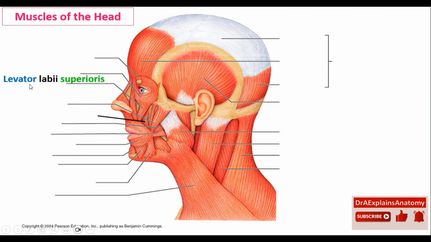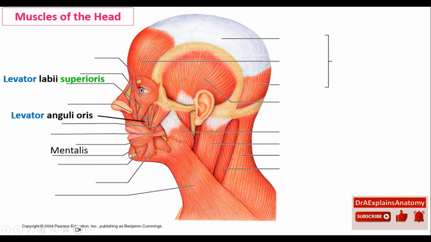Levator, it elevates, labii, the lip, and it is located superiorly. Right here, we have the levator anguli oris. Levator, it elevates, anguli, the angle, oris of the mouth. So both are levator, both elevate, one for the lip and one for the angle of the mouth.